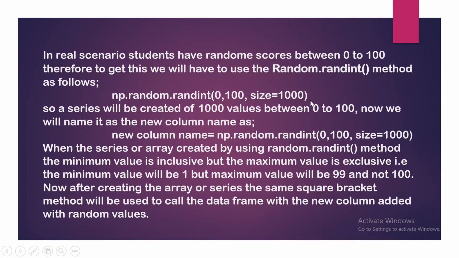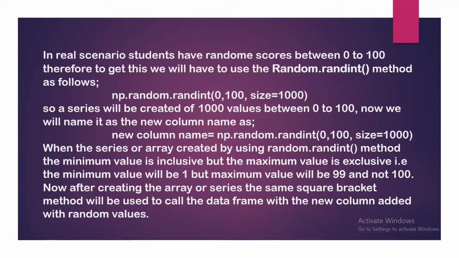So this will be the syntax which we will be using, and after creating this array we will save this array in a variable, and then once this array is saved in a variable, we will again use a square bracket method to call an imaginary column and assign this new variable as a value of that column.